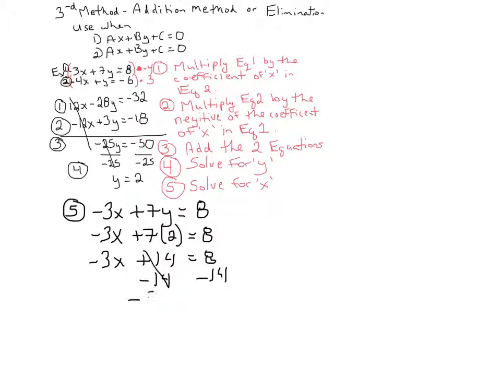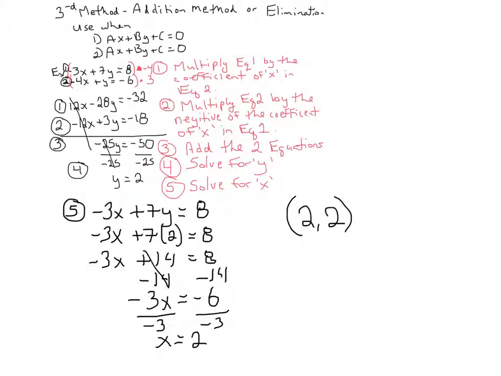So I got negative 3x equals, what's 8 minus 14? Negative 6. Okay, and then I'm going to divide both sides by negative 3. And that'll give me x equals 2. So in this case, our solution was x is equal to 2 and y is equal to 2.